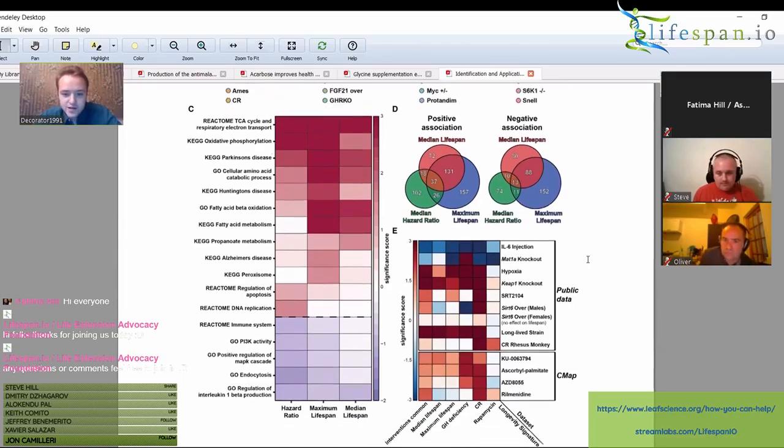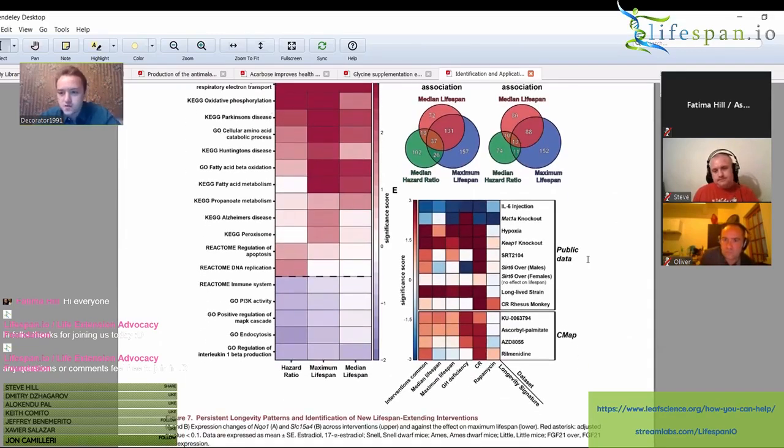And finally, panel E is probably the most important panel in terms of practical usage, because here we applied the biomarkers we obtained in our paper to predict new interventions with potential lifespan extending effect.